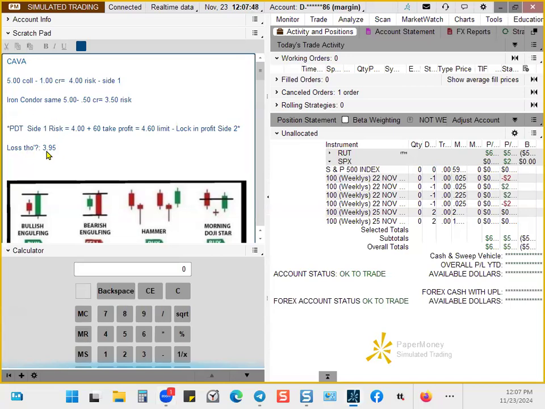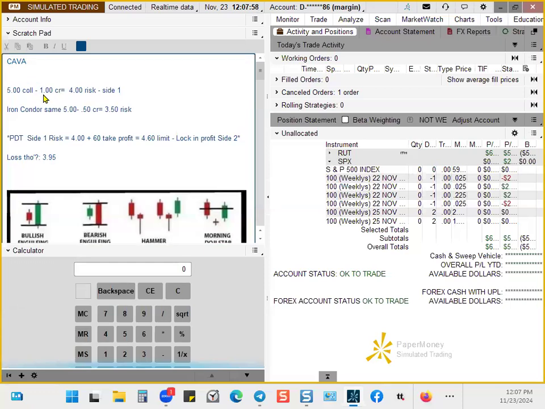So in terms of the PDT hack and locking in the loss we were talking about earlier, whatever you receive as your credit in the trade, that amount gets subtracted from the number that you're locking in the loss for. And that's how you'll know what the loss amount is.